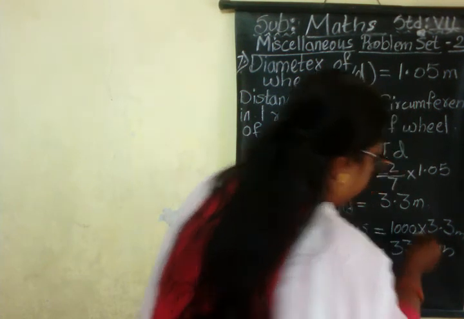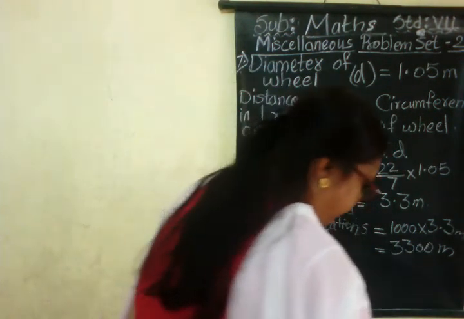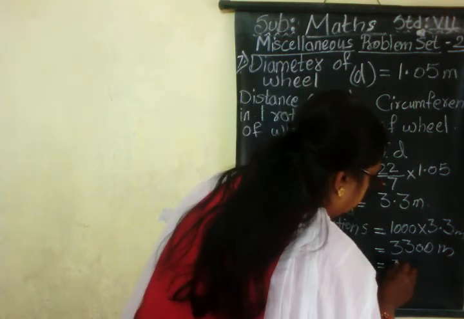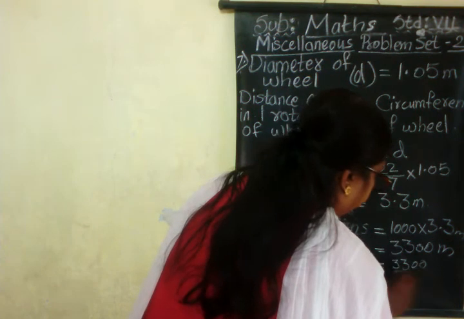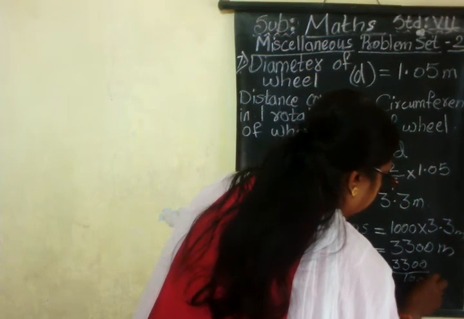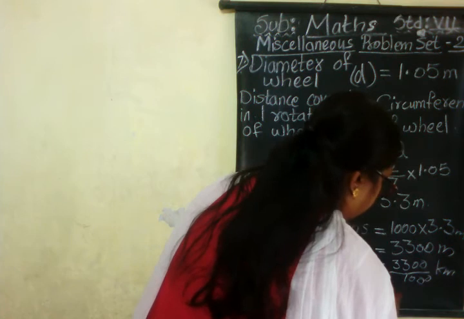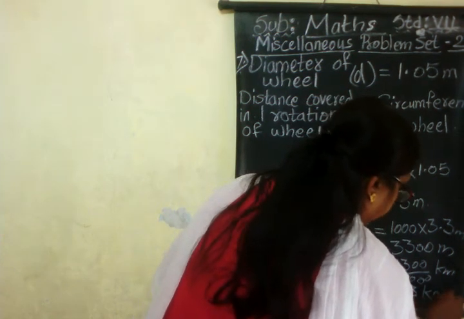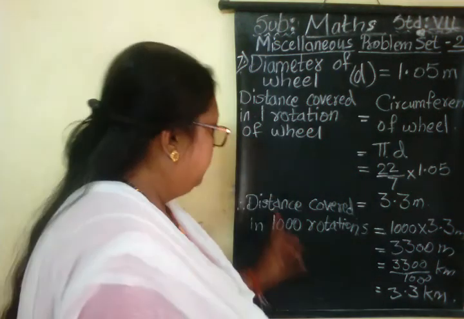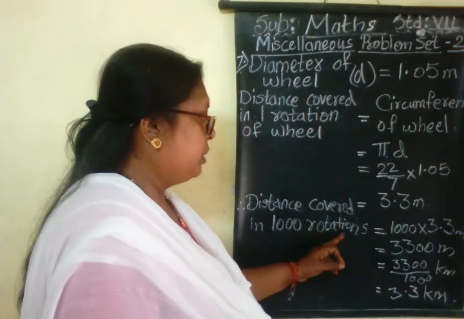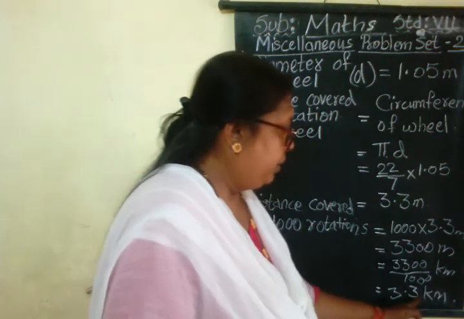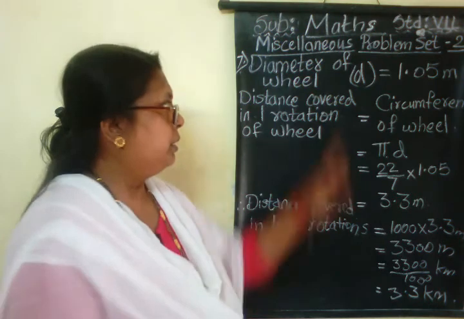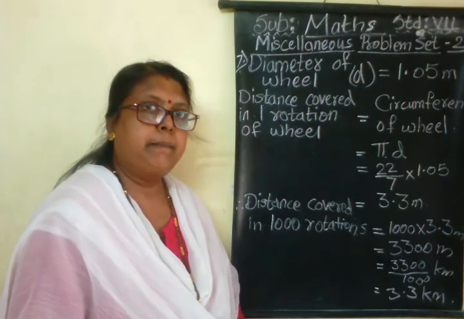The zeros will vanish due to the decimal point, right? So this will be equal to 3300 upon 1000 kilometer, which equals 3.3 kilometer. So the answer is distance covered in 1000 rotations is 3.3 kilometer. Take down the sum. Very simple it is.